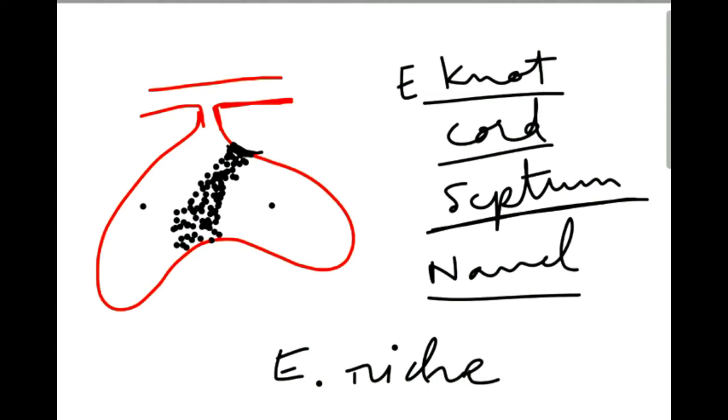In the cap stage, the enamel organ appears to have a double attachment with the ectoderm. In between these two attachments, there is a small portion of the ectomesenchyme which is entrapped, and this is called the enamel niche.